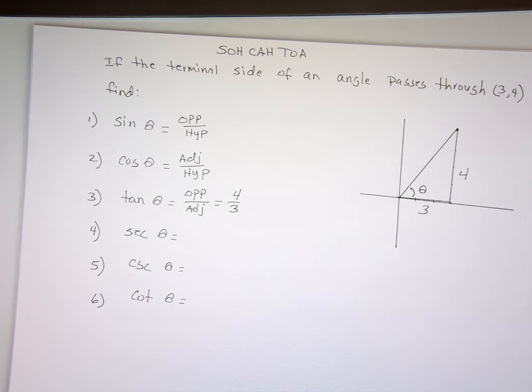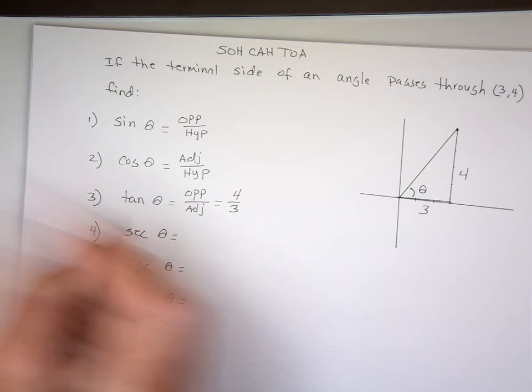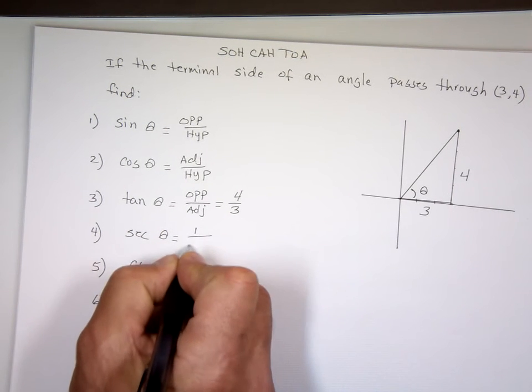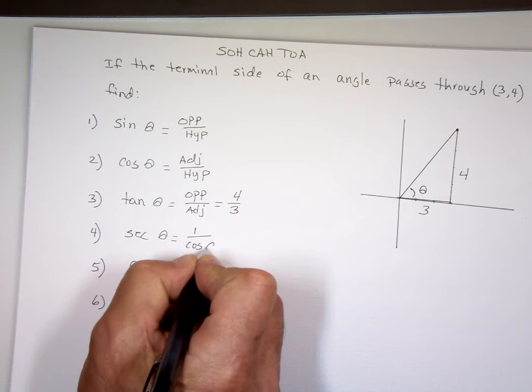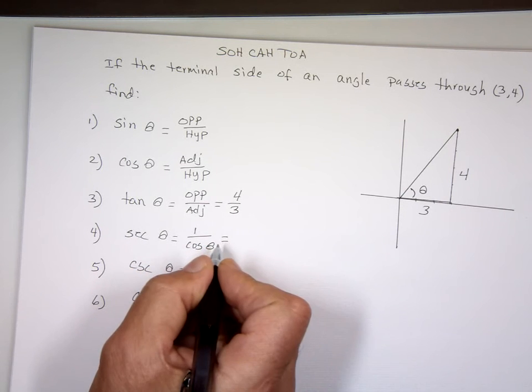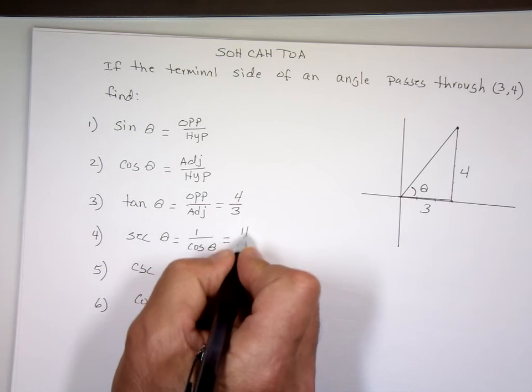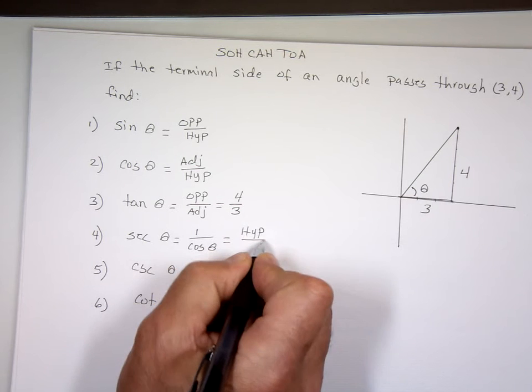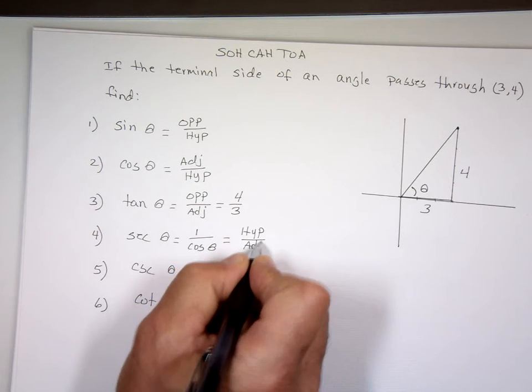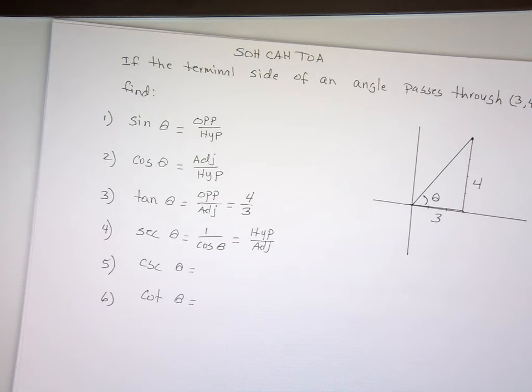Secant, 1 over the cosine of theta. That means hypotenuse over the adjacent. Hypotenuse is getting in the way there. Cosecant, 1 over sine.